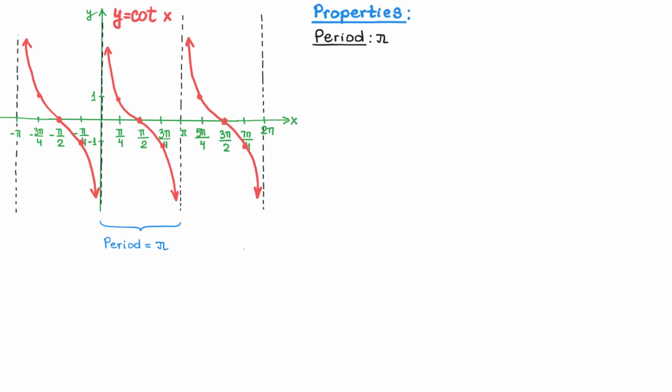The period of this function is pi, and we can write that cotangent of any number n plus pi equals cotangent of this number n. For example, let n be pi over 4, then cotangent at pi over 4 is 1. And now if we take pi over 4 and we add pi, we will get 5 pi over 4, and at 5 pi over 4, the value of the cotangent is also 1.